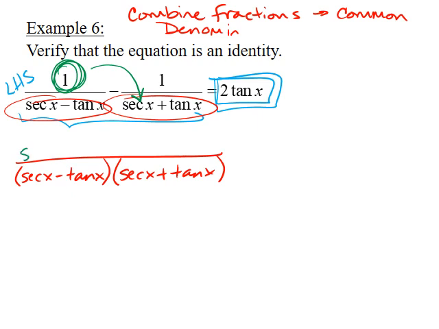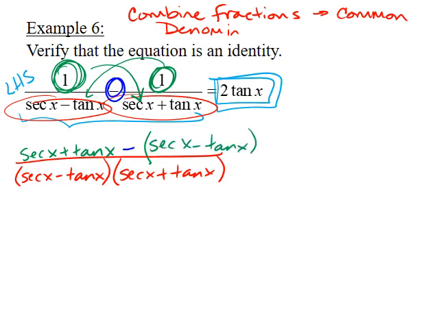So I have secant of x plus tangent of x here minus, what did I do to this 1 to get this new denominator? I multiplied it by this. So I'm going to make sure I put the other denominator in parentheses, so secant of x minus tangent of x.